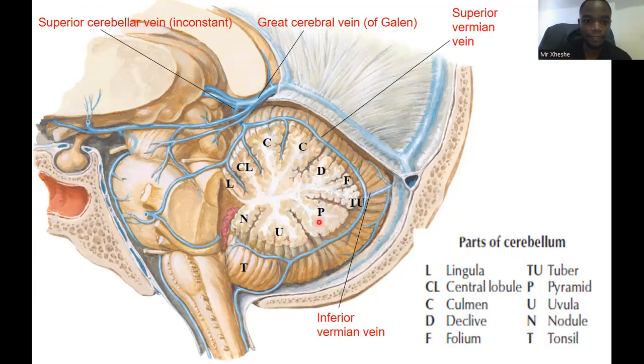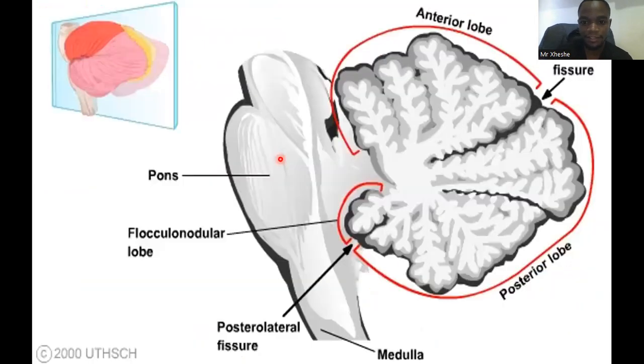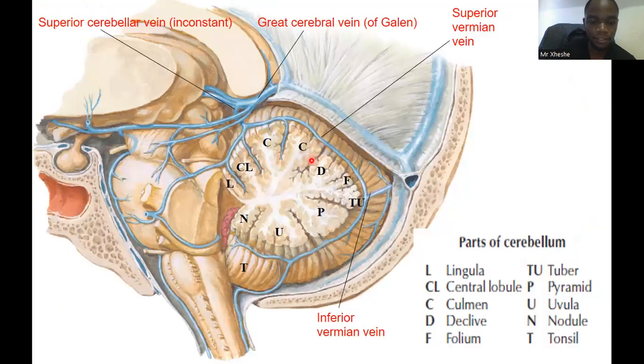All right, so you can see various parts here. Of course, these parts are composed of cortex and medulla. Cortex and medulla. So before I even talk about the parts, let me just quickly summarize the cortex and medulla. So the surface of the cerebellum, of course, like the cerebrum itself, is made up of gray matter.